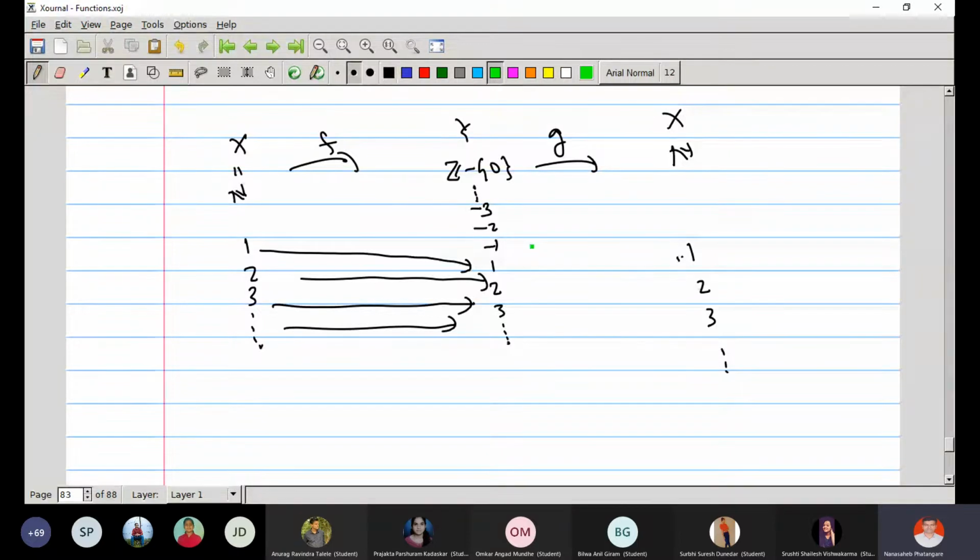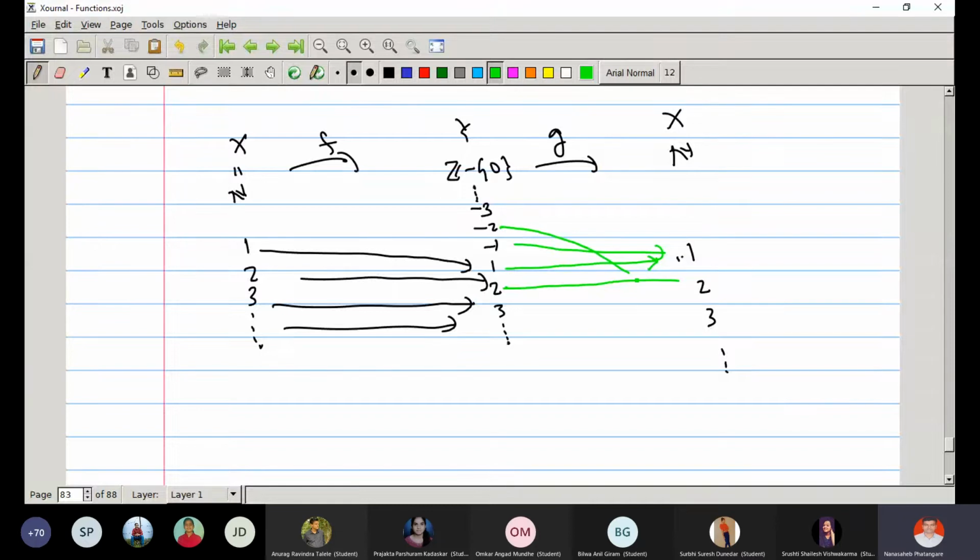And what is the image of 1? 1. So what is the image of 2? 2. And the image of minus 2 is also 2. Correct? Yes, sir. So the image of 3 and minus 3 is the same. The image of 4 and minus 4 is the same. So this is how we define the functions.